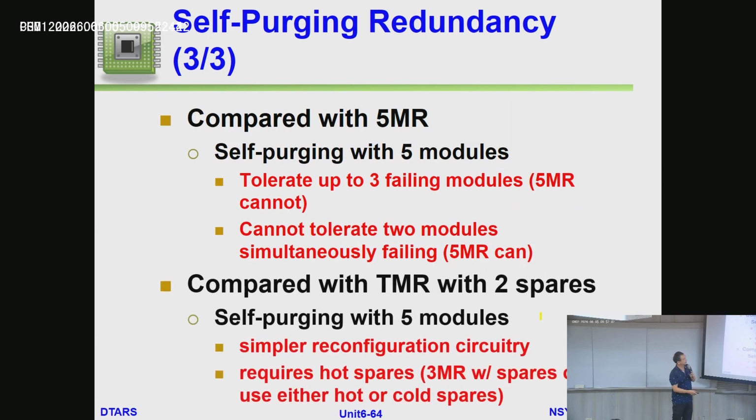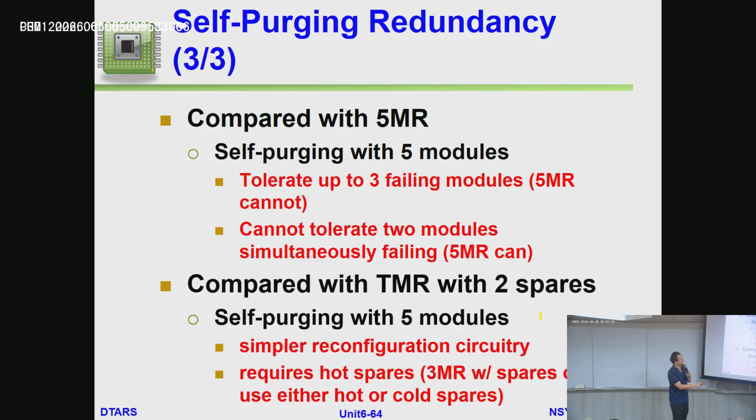So for self-purging with 5 modules, it tolerates up to 3 failing modules. 5MR cannot do that; it can only tolerate up to 2 failing modules. And this is one limitation of self-purging with 5 modules.